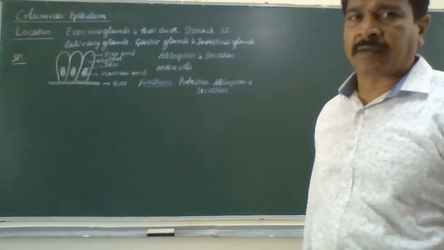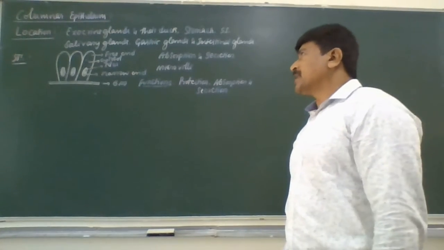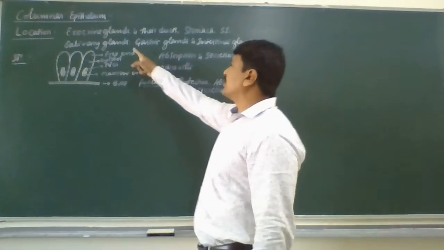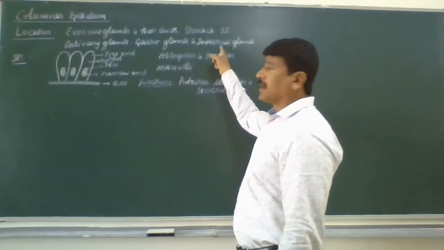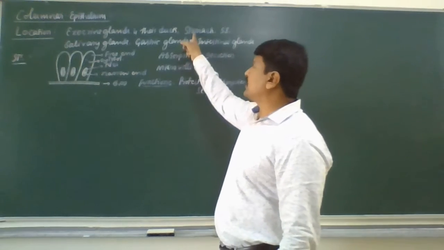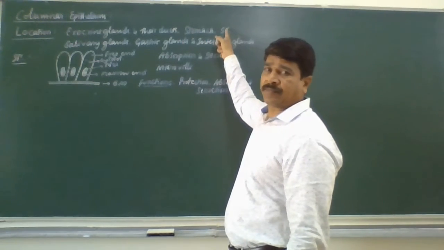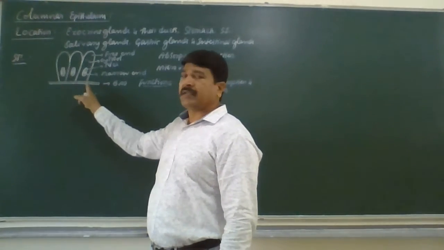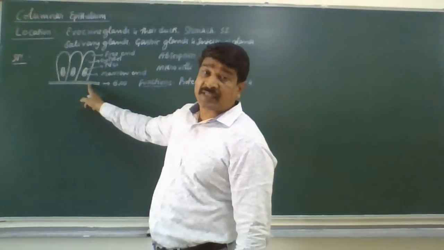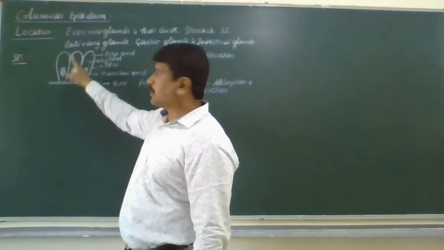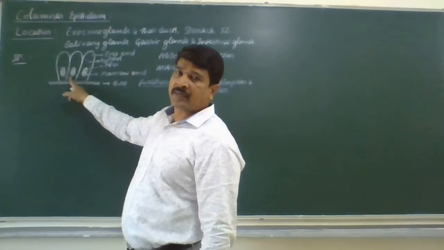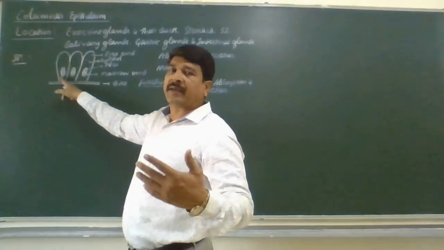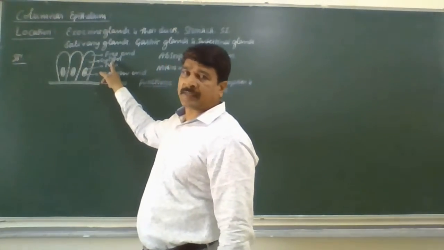I'll repeat once again. Columnar epithelium is present in exocrine glands and their ducts, like salivary glands, gastric glands, intestinal glands, and also in the stomach and small intestine. Cells are elongated, columnar, pillar-like, resting on the basement membrane. Each cell has a broad free end and a basal narrow end. The nucleus is elongated, located towards the basal narrow end, surrounded by cytoplasm.